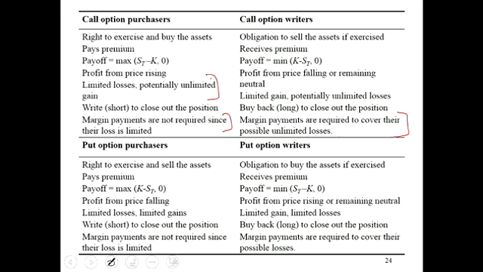Because of that, the losses could simply mount up, assuming they don't close their position out. Then the clearinghouse requires them to put money in their margin account to take account of the fact that they might end up with a significant payout at the end.